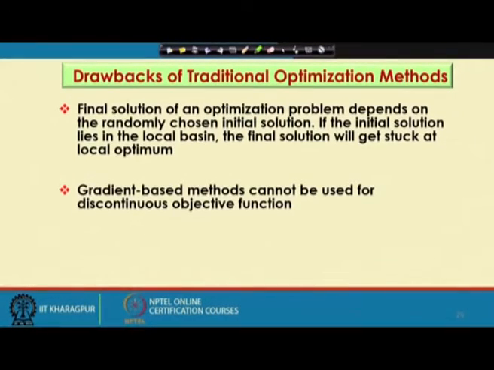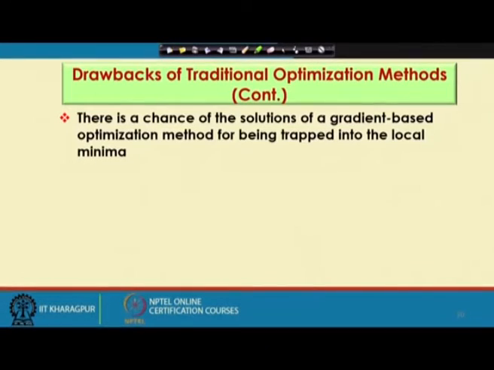Now, a gradient based method like the steepest descent method is not suitable when the objective function is found to be discontinuous, because we cannot find out the gradient of the objective function. Also, there is a chance of the solution of the gradient based method getting stuck at the local minima.